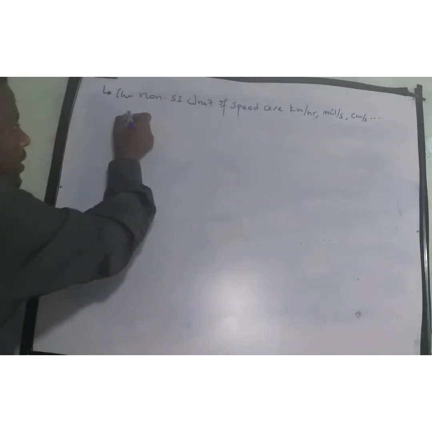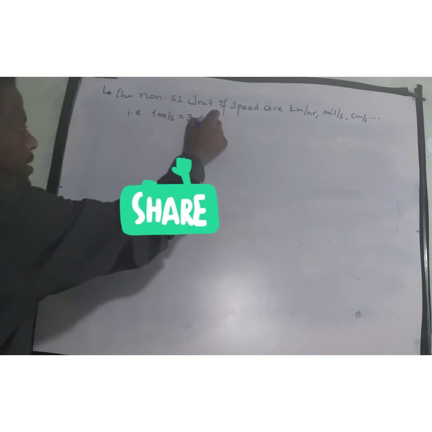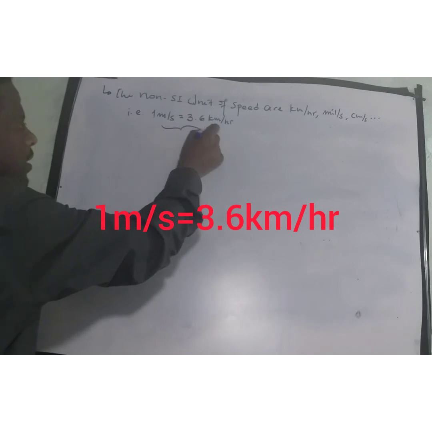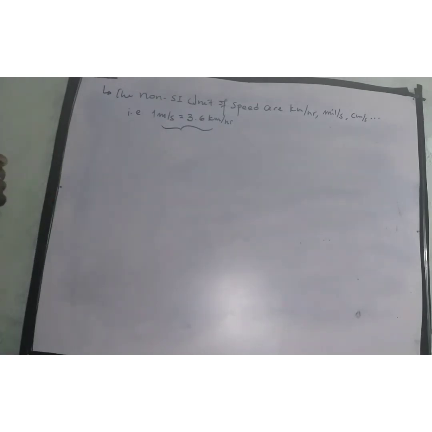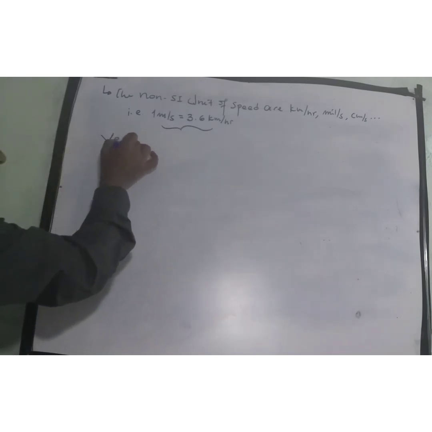And there is a relationship between meter per second and kilometer per hour, which means 1 meter per second equals 3.6 kilometer per hour.